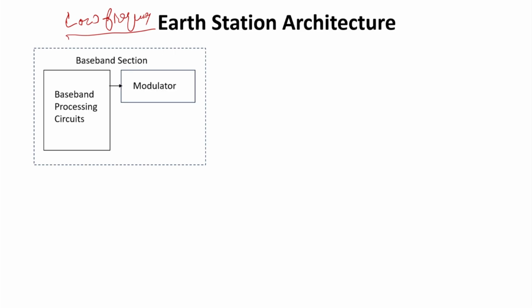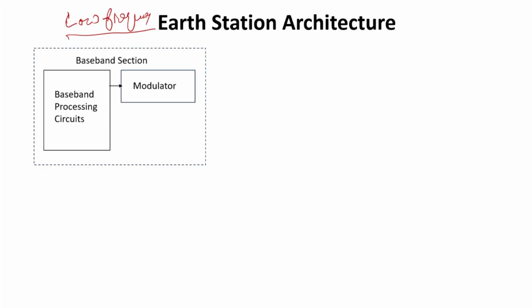Then comes a block called the modulator. Modulation is very important, because we cannot transmit the baseband signal through any wireless mechanism, since the antenna size would be very big, and at the same time we need to separate the signals.